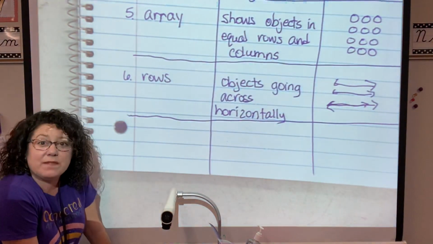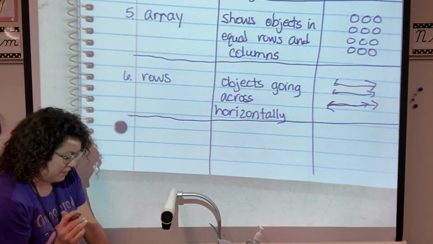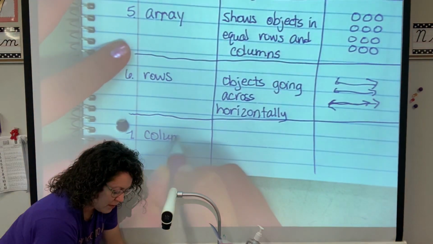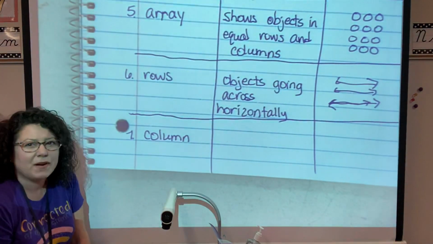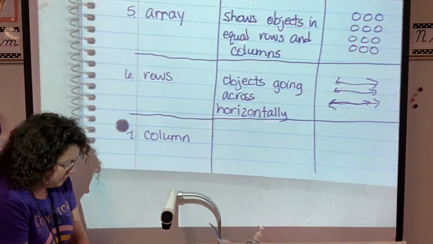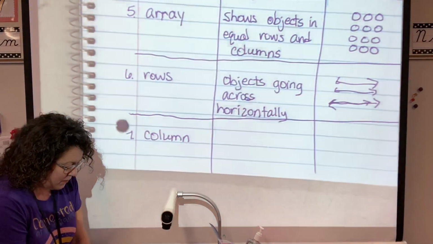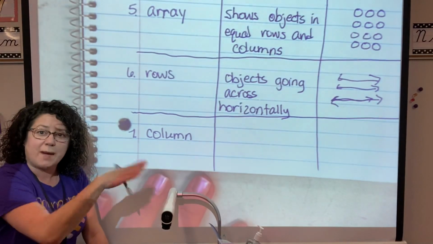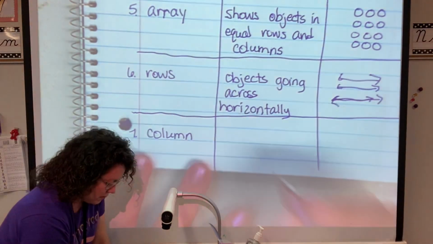Okay, an opposite of a row is a column. This is our last word. If you have to go on the back or on another sheet of paper, that's fine. So a column, if rows go horizontal, the opposite is vertical.